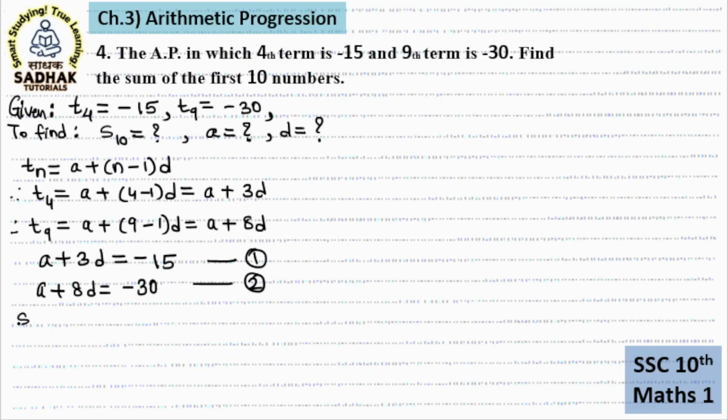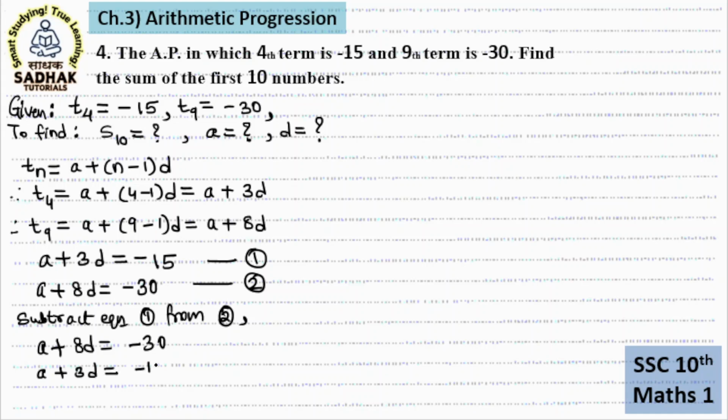So let us subtract equation 1 from 2. We have A plus 8D is equal to minus 30 and A plus 3D is equal to minus 15. When we are subtracting, the signs change. So plus A becomes minus A, plus 3D becomes minus 3D, and minus 15 becomes plus 15.